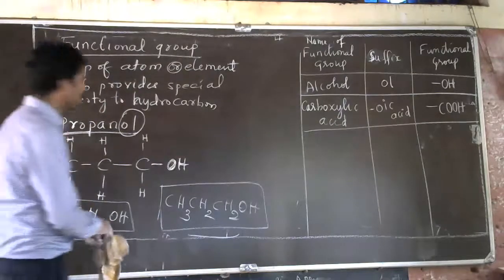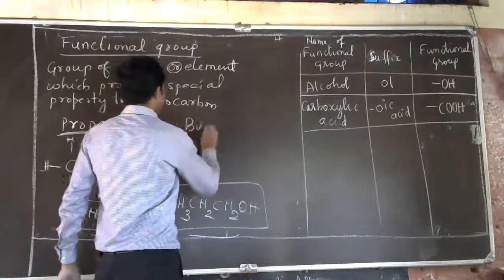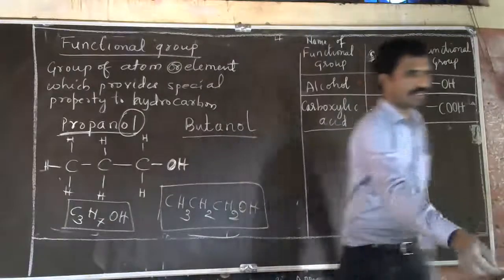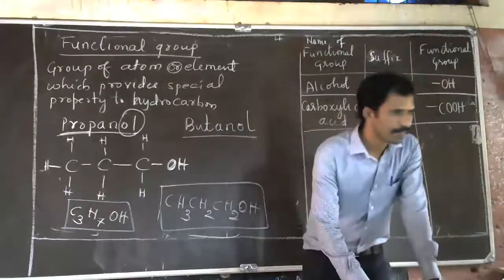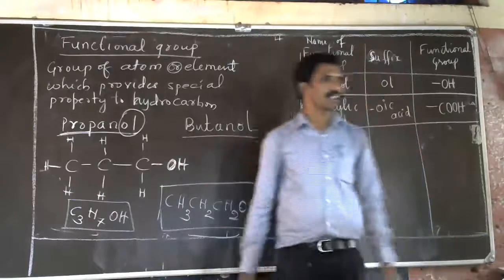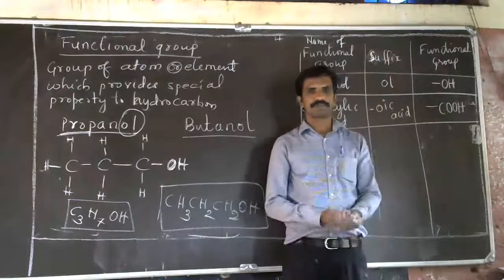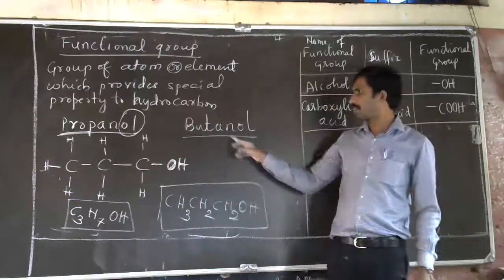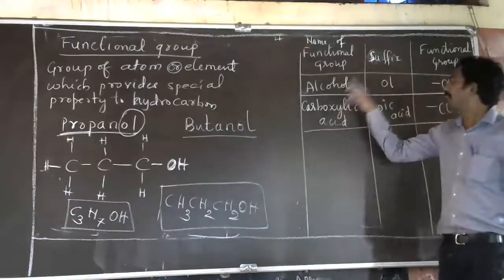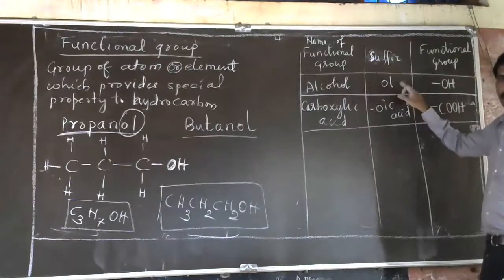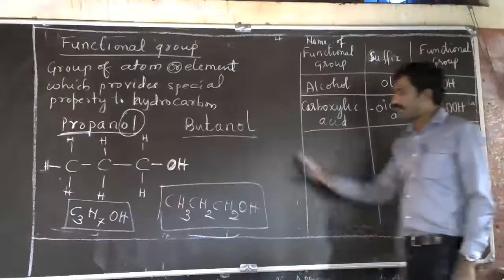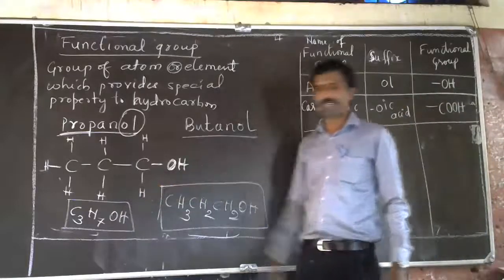So you only write now butanol. Write butanol. When you finish it, just raise your hands. Butanol. So but means how much? 4. OL means alcohol group, the suffix used for alcohol is OL, and the group is OH. Right or no? For butanol, you have to write the molecular formula and structural formula.